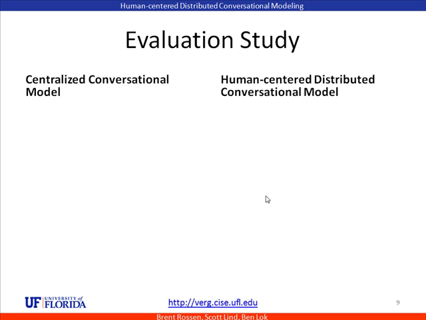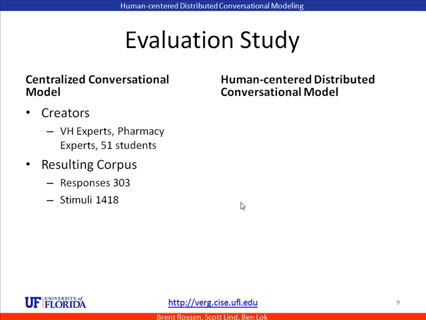So we ran an evaluation study to see how this process worked compared to centralized conversational modeling. For centralized conversational modeling, we had virtual human experts, pharmacy experts, and 51 students collaborate to create a virtual human. The resulting corpus has 303 responses and 1,418 stimuli. In human-centered distributed conversational modeling, a pharmacy expert and her own class of 186 pharmacy students were actually able to create the same character.